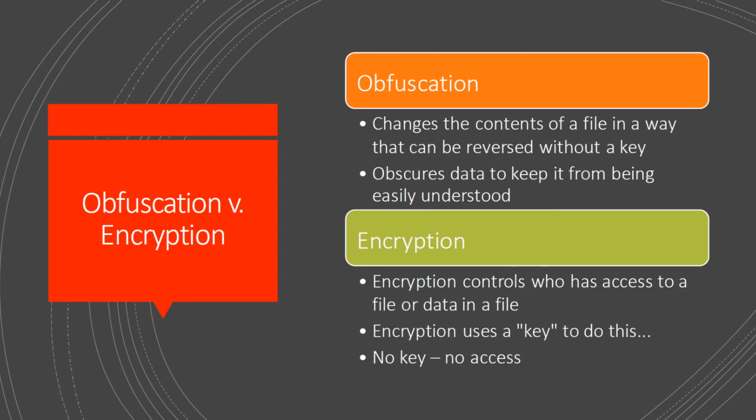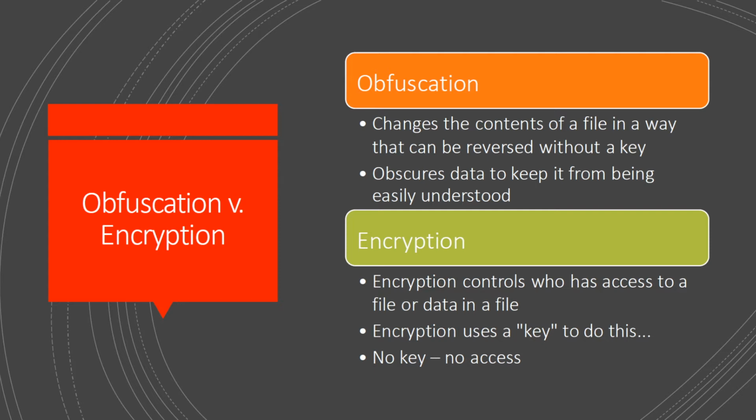And the main thing you should take away here is it keeps the data from being easily understood. In this case, it keeps the data from being easily monitored for, meaning AV engines may generate a signature for a specific type of malware or ransomware. Well, if you obfuscate that file in a different way, that signature is not going to match. But you could still de-obfuscate it, reverse the obfuscation process, and the machine is still going to be able to process that code.